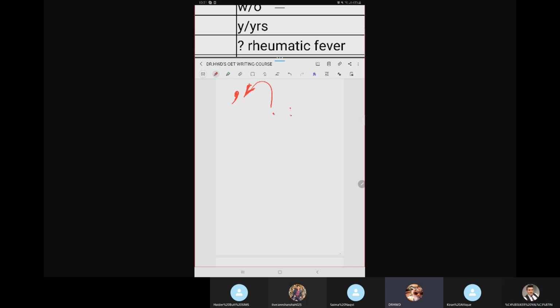Can anybody tell me the purpose? When we are talking about a different thing in the same sentence. Right? So you're saying that when you're using a group of words. Yes, please continue.